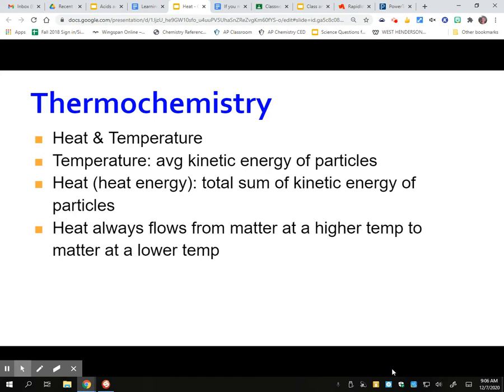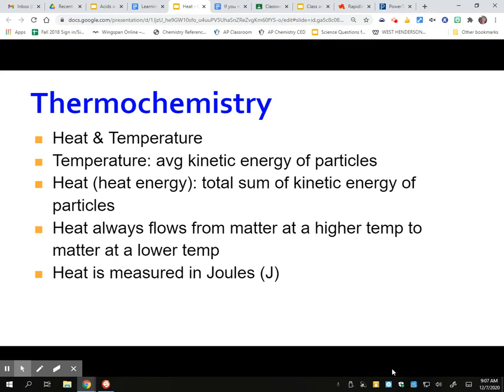Your hand is going to be a higher temperature than that glass of water, and heat will be leaving your hand and moving to the glass. And that removal of heat from your hand is what gives you the feeling of something being cold. So there is no such thing as radiating cold. It's just the removal or addition of heat that gives us the feelings of hot and cold.